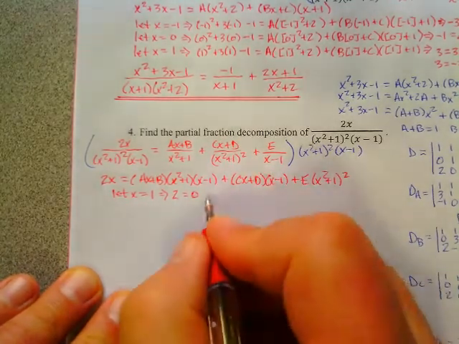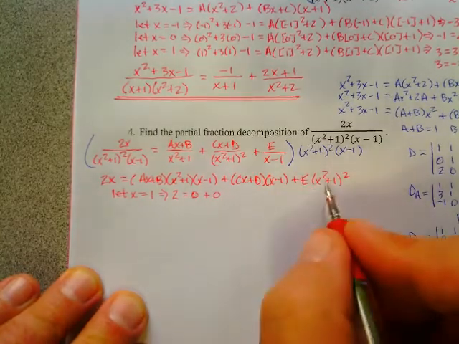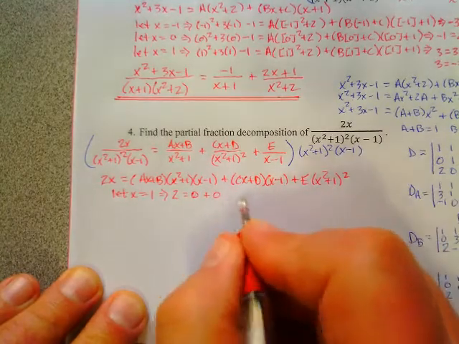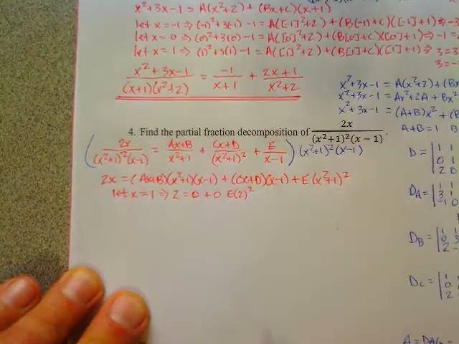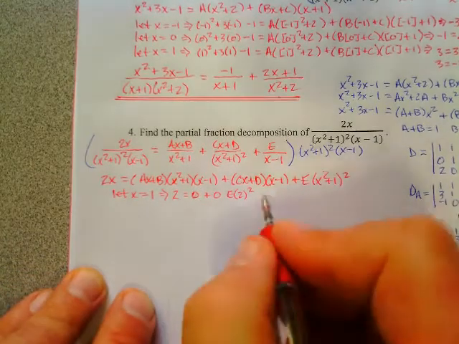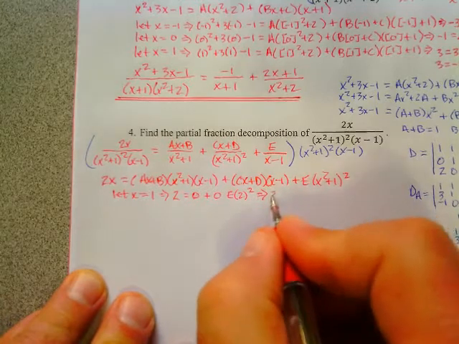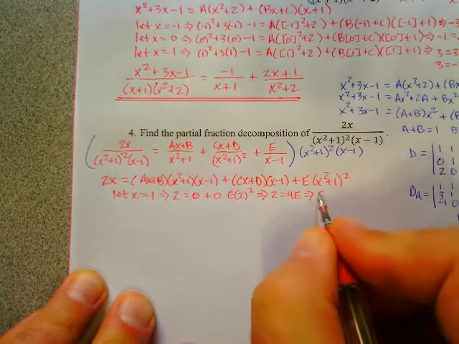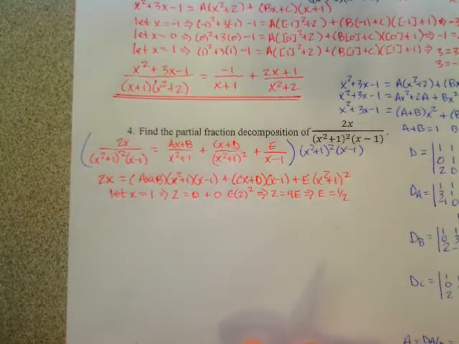This one will go away. That'll be a 0 part. And here I'll have 1 plus 1, so I'm going to have e times 2 squared, which of course will be 4, and so 2 equals 4e, or e equals 1/2. So I found e.